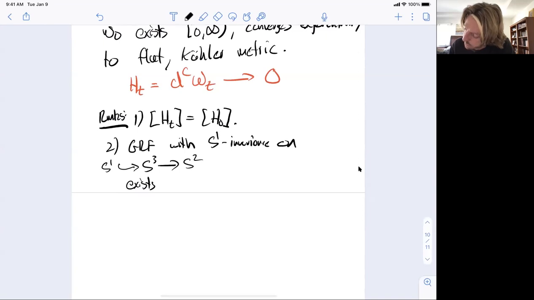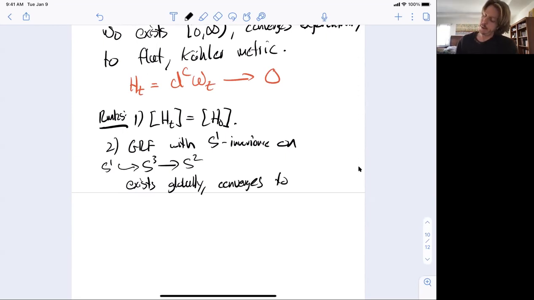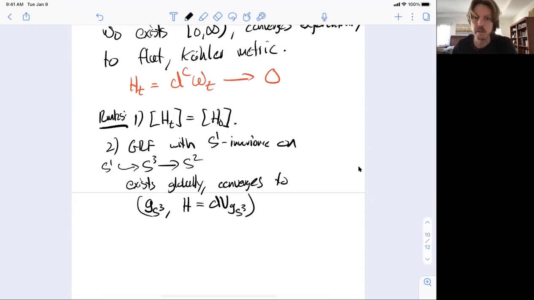You get that it exists globally and converges to this sort of canonical Bismuth flat structure. So it's the round metric with H, let me punt on some constant factor, but it's basically a multiple of the volume form of S3.